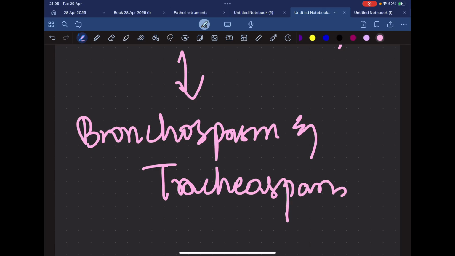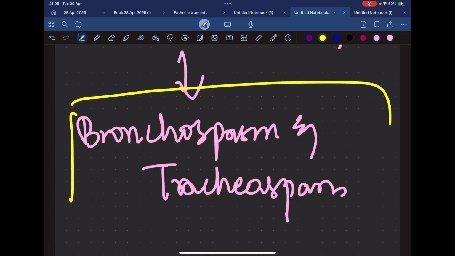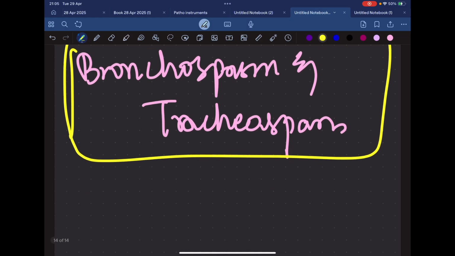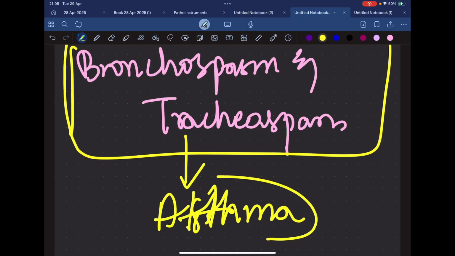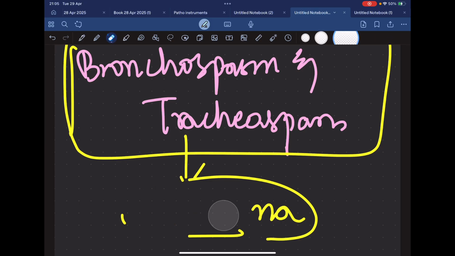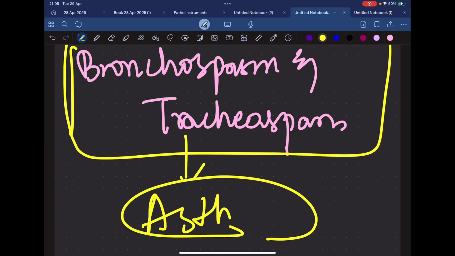The bronchospasm and tracheospasm is the main pathogenesis of asthma, and it is going to result in an asthma attack. I think the entire pathogenesis was quite difficult to remember, so we will explain it with a clear, neat, simple diagram.